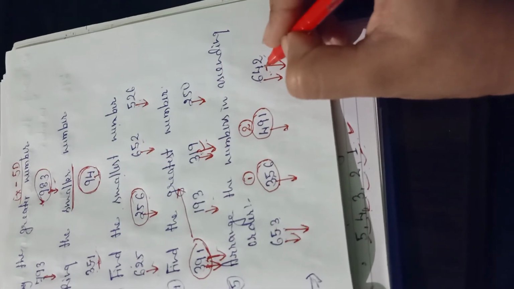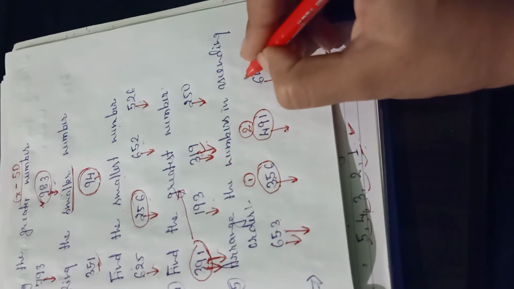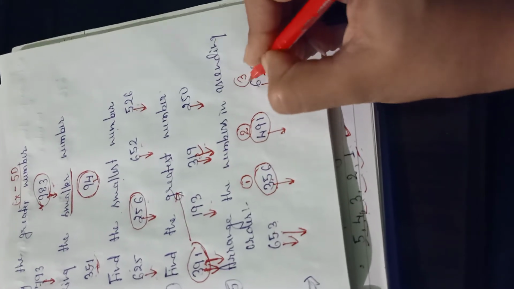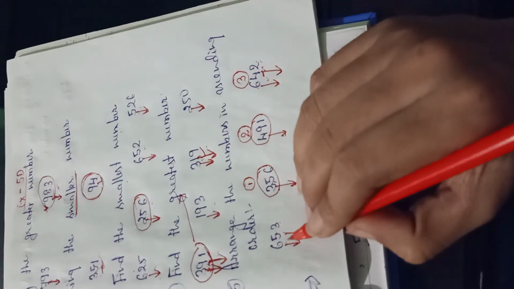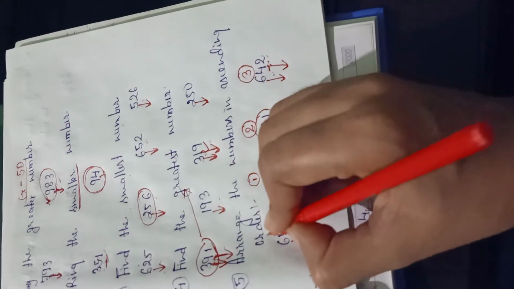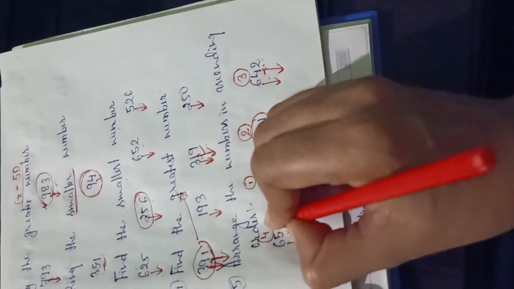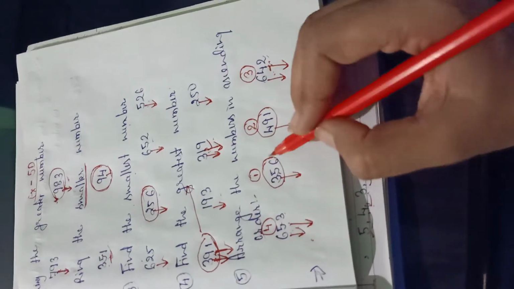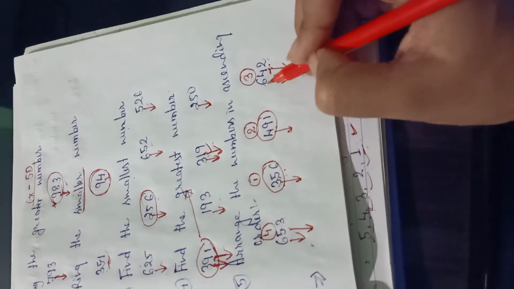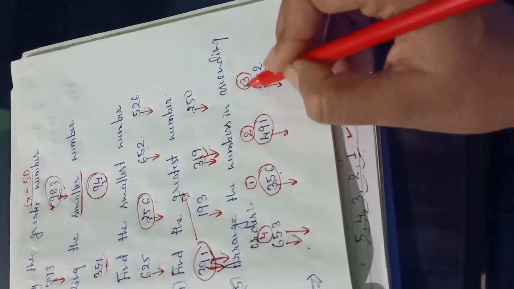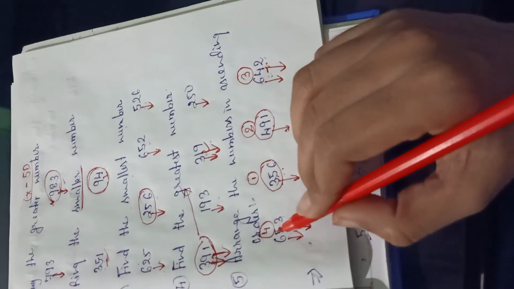So in the arrangement of ascending order, it should come before the other because it is smaller. It is smaller as compared to this number, and this is the greatest number. So in these 4 numbers, this is the smallest number, then bigger than this, then bigger than this, and lastly the greatest number.